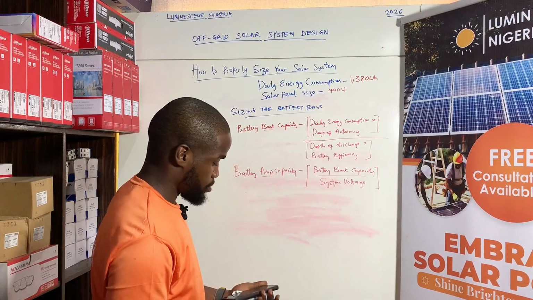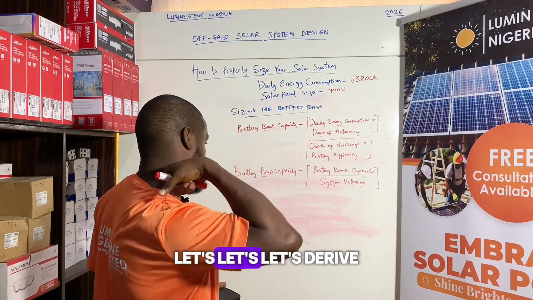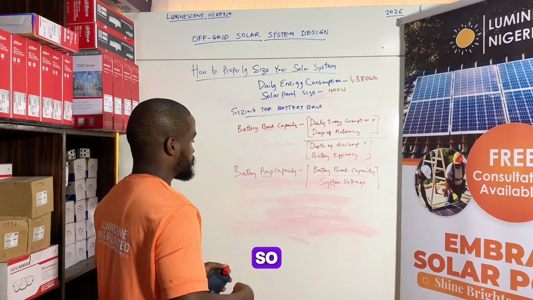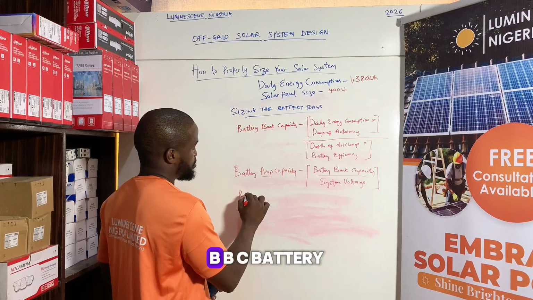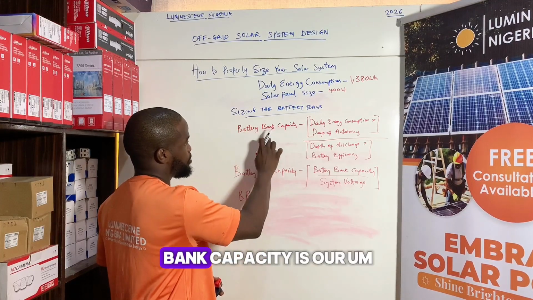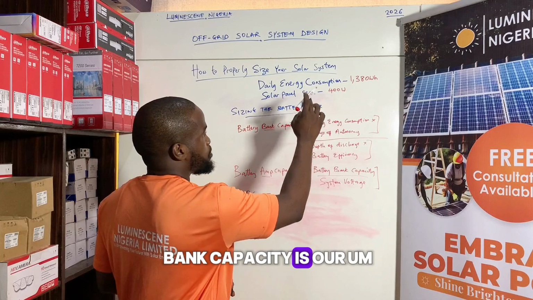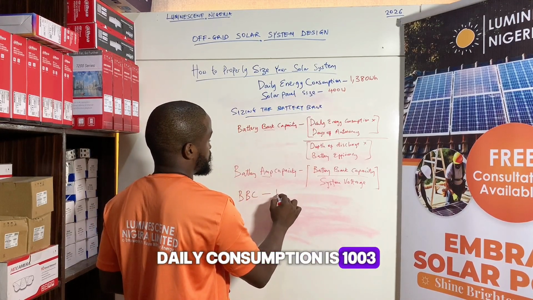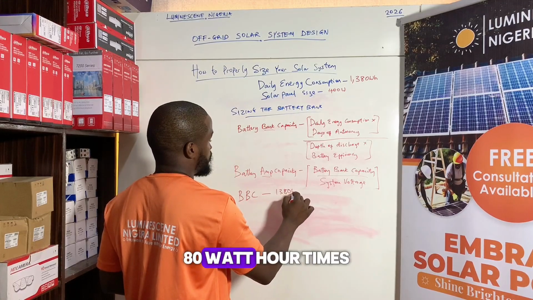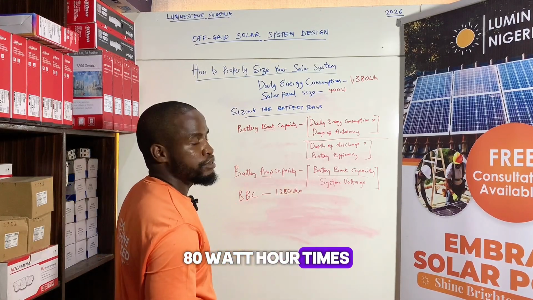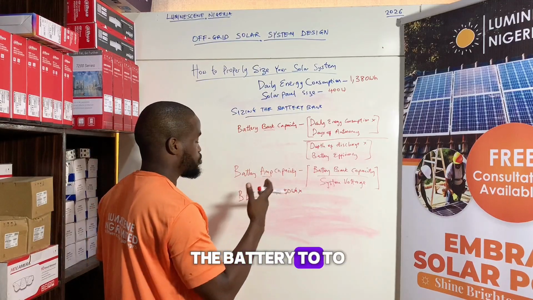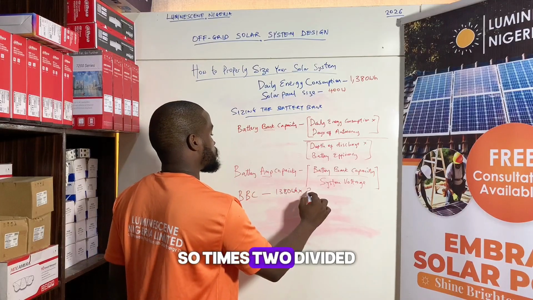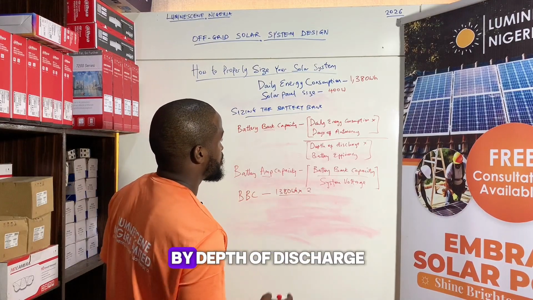All right, let's derive our battery bank capacity. The battery bank capacity is, our daily consumption is 1380 watt hour times, let's say we want the battery to give us 48 hours, which is 2 days, so times 2, divided by depth of discharge.